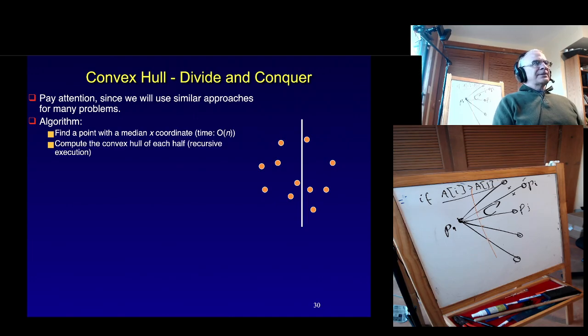Let's assume that if one such set contains only a single point, then it is its own convex hull and there is nothing to do. Otherwise, compute the convex hull of each half recursively. Call yourself recursively on each half.